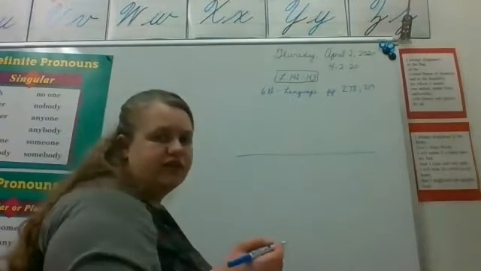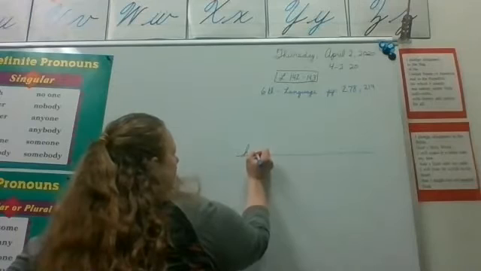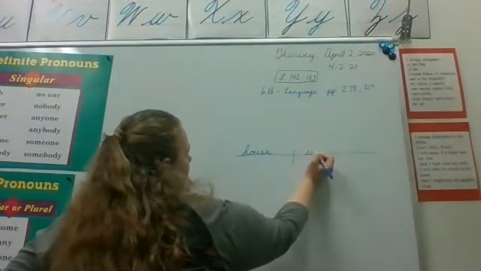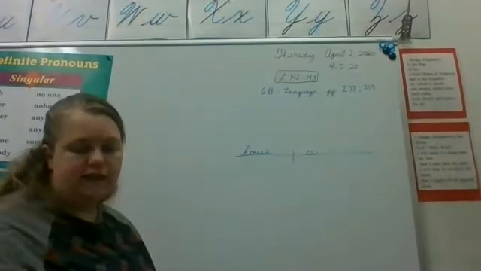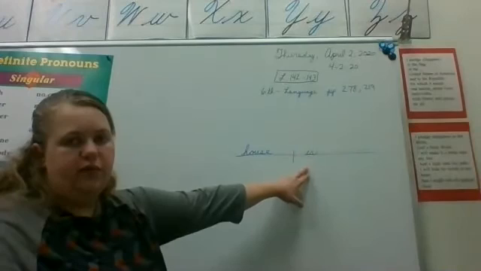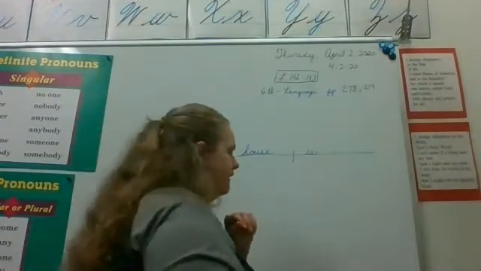So subject and verb, we've got house, is, and is an action or linking verb? Linking, okay?